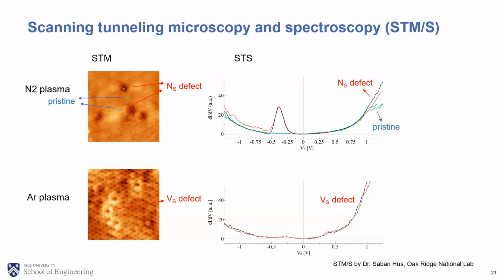This is very different from the pristine samples. In addition, if we look at the sulfur vacancy site, you can also see it has a different STS compared to nitrogen substitutional defects. So this new defect band is contributing to the new PL peak for the nitrogen substitutional defects.